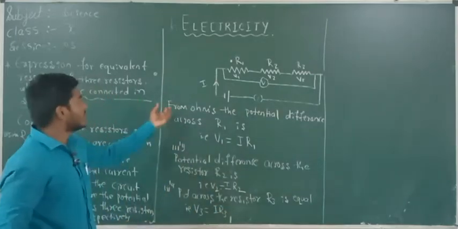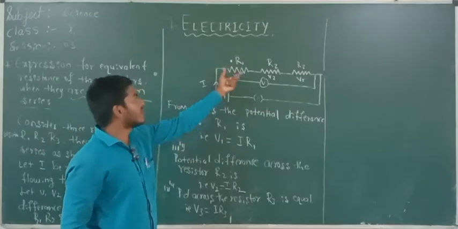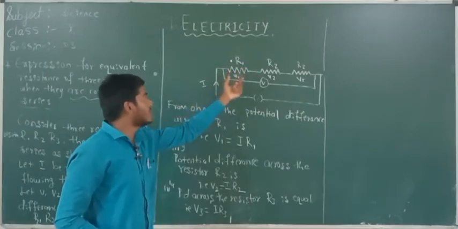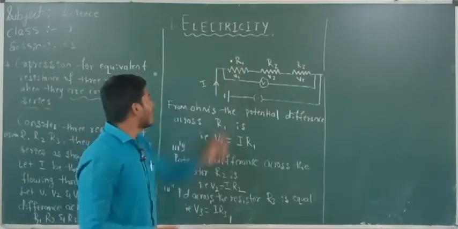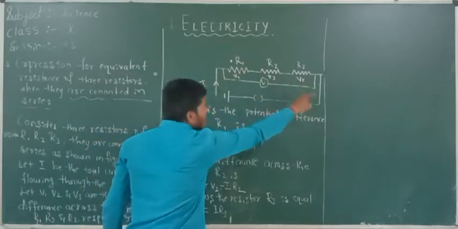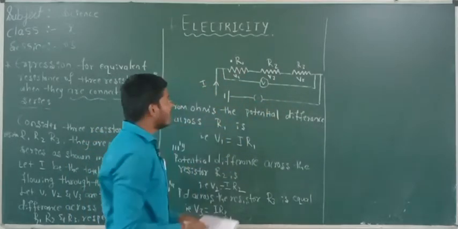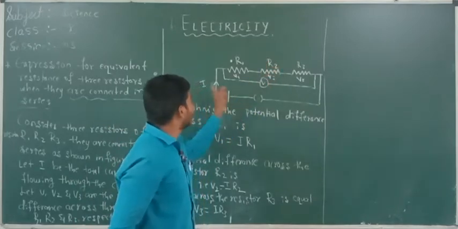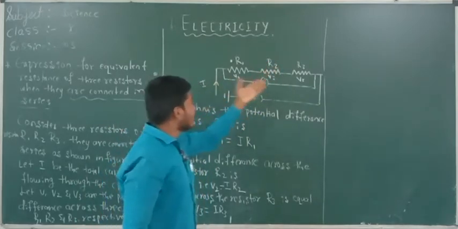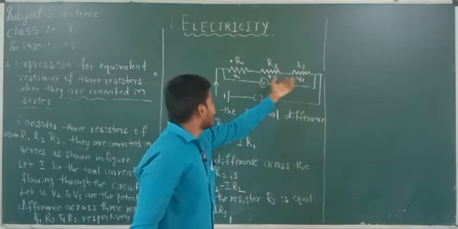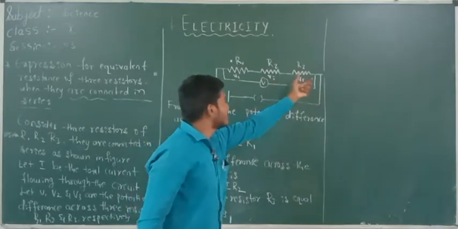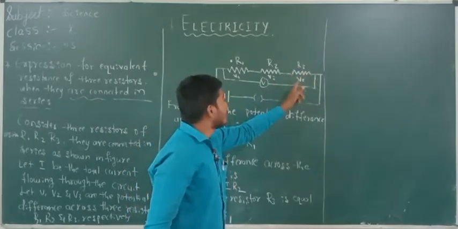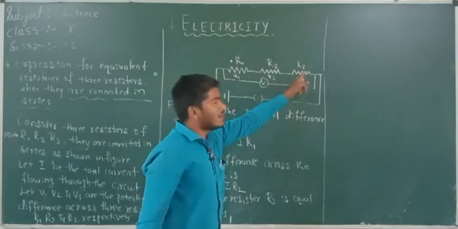From Ohm's law, the potential difference across the resistor R1 is V1 equals I into R1, because the total current passing through the circuit is I only. Then V2 is equal to IR2, and in the same manner V3 is equal to IR3.